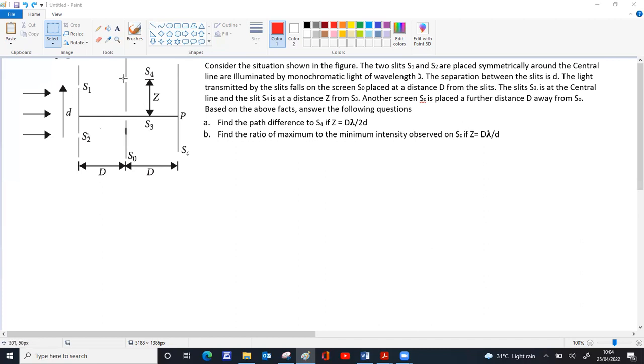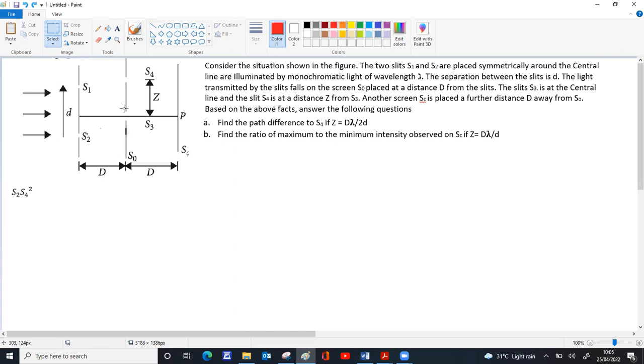S1 to S4 is one path. S2 to S4 is the second path. We have a direct formula. If you don't remember the direct formula, you can take this as a right triangle. S2, S4 is the hypotenuse. So base square is D square plus altitude square.